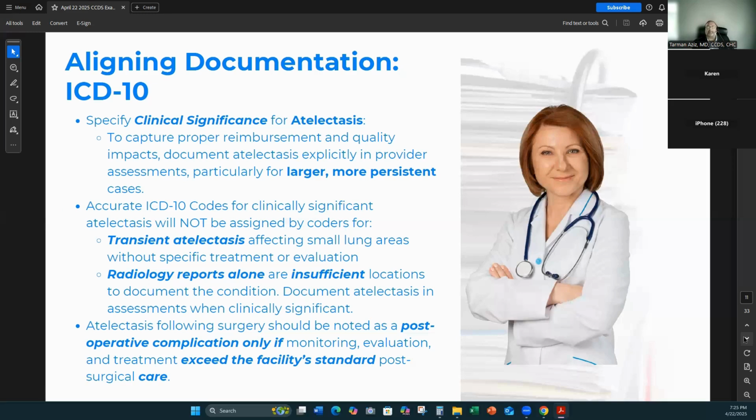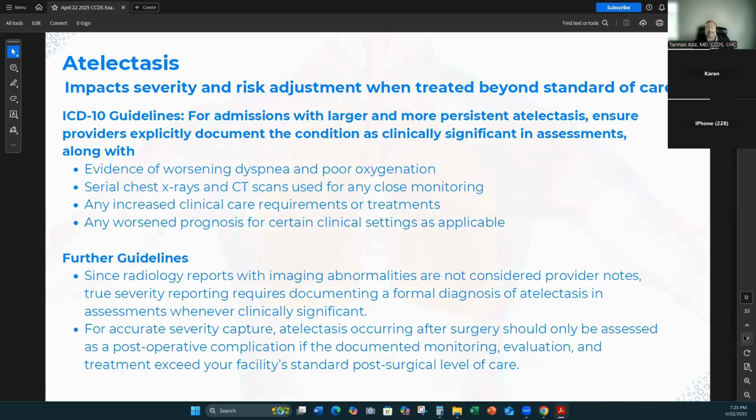So you need one of the admitting providers or consulting providers to point out the clinical significance of the atelectasis in their assessment and plan to bother picking up that CC diagnosis. All testable information for CCDS. So you might consider practicing, as I mentioned earlier, how to give this type of information in a non-HIM, non-HIM acronym type of way to providers.